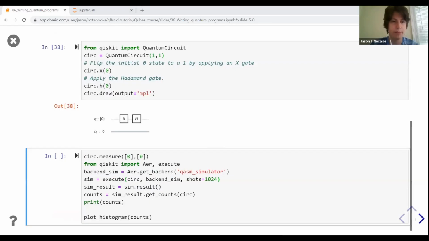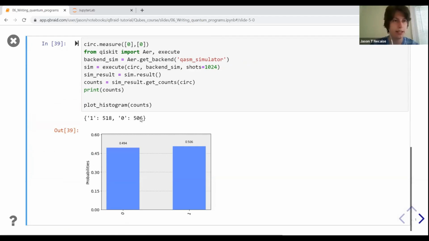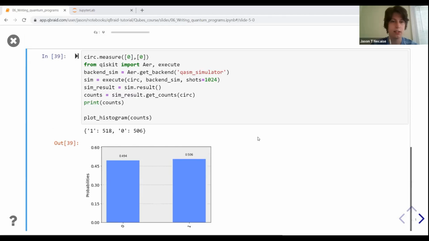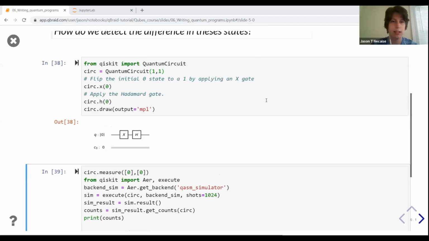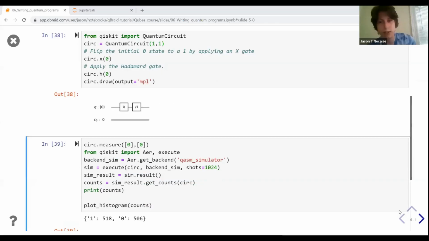And if we measure that, we get about half zeros and half ones. So just to reiterate, this is the circuit which constructed a superposition with a minus sign. Whereas before, when all we did was add a Hadamard gate to the 0, we created a superposition with the plus sign. So they're the same.